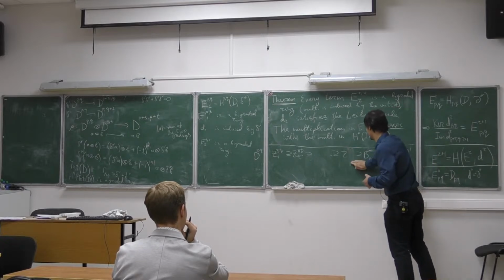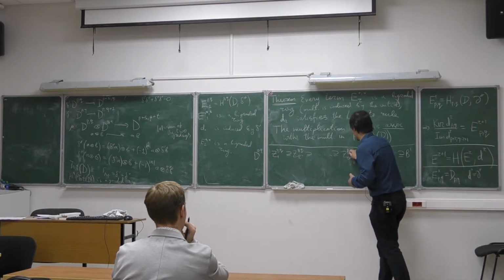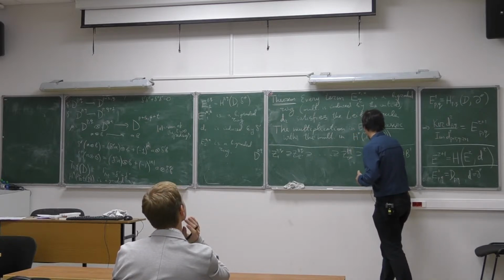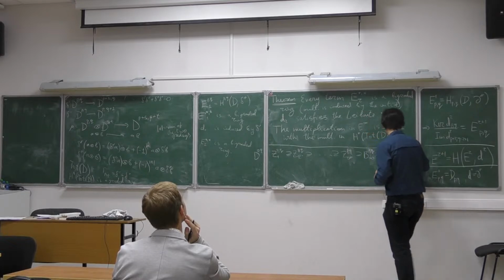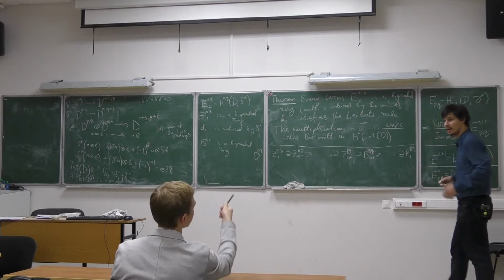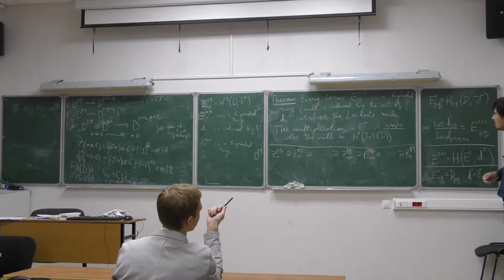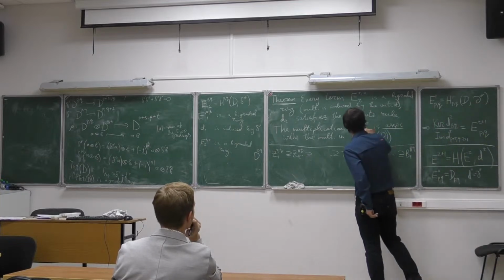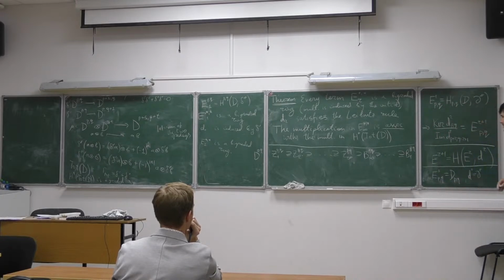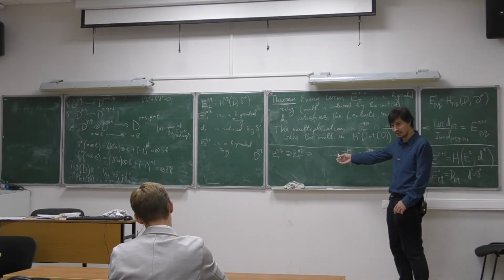I always have problems with writing indices in their proper places. The infinity should be either everywhere lower or everywhere upper. Okay, we have these inclusions.